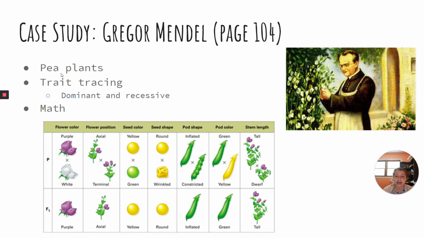Basically, this was in the 1800s, guys. This was a long time ago, before we had access to microscopes and DNA testing and all this sort of stuff. He realized that there were such things as dominant and recessive.